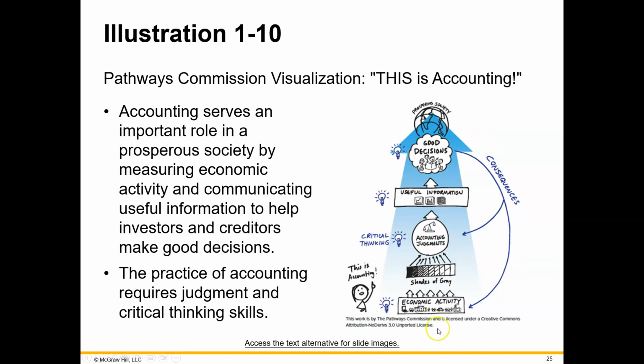I've always felt like, since they came out with this little visualization here, this is a great way to explain accounting, because typically people just thought of accounting as we crunch numbers and we put out a report, right? But what accounting really is, is this graphic right here. There's a bunch of activity that's happening. It's all financial activity that we're going to measure, right? There's a lot of shades of gray in there. We're going to have to make some judgments as accountants.